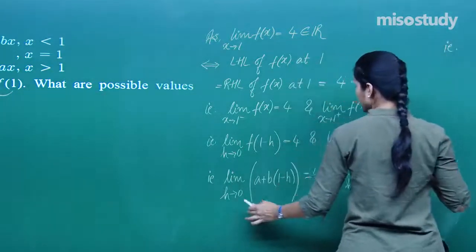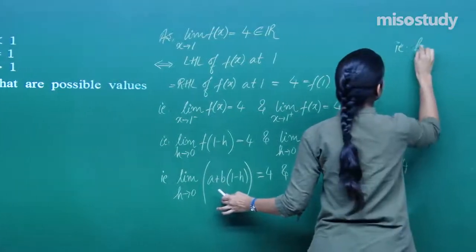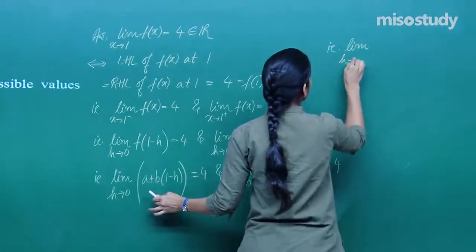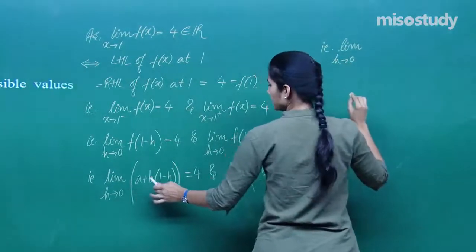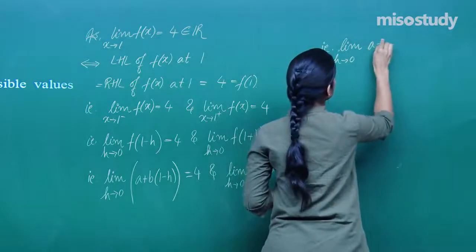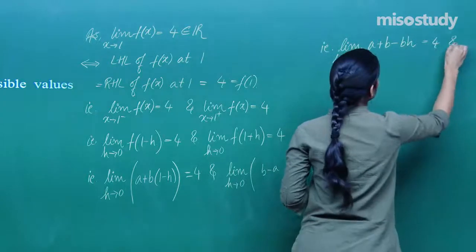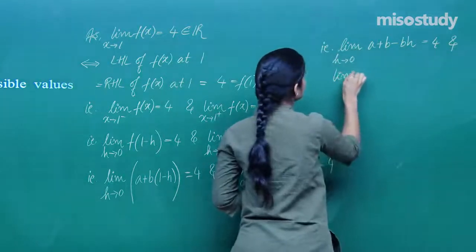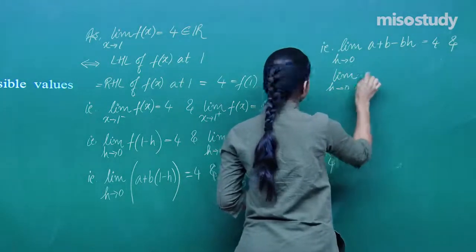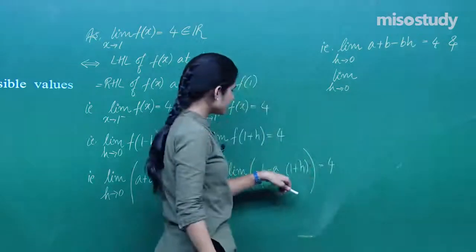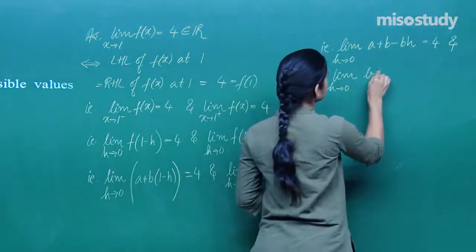So what do you get? Limit h tends to 0 of a plus b minus bh. This is 4, and limit h tends to 0 of b minus a minus ah.